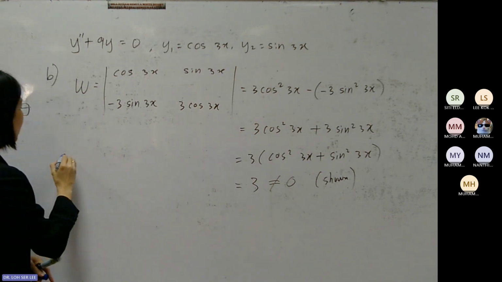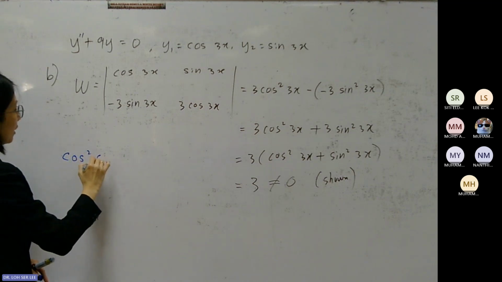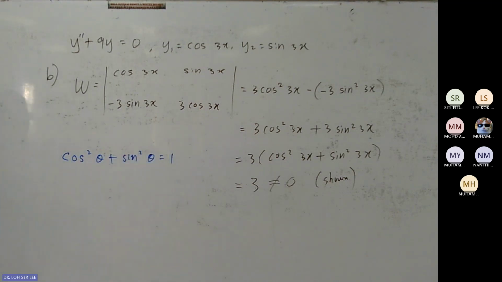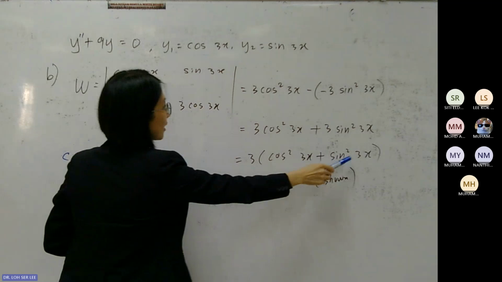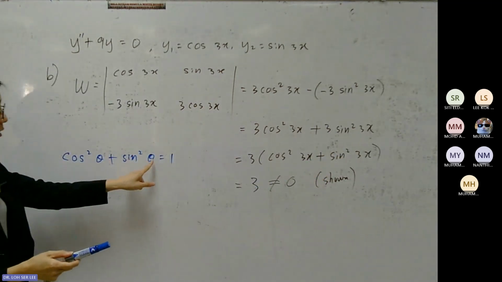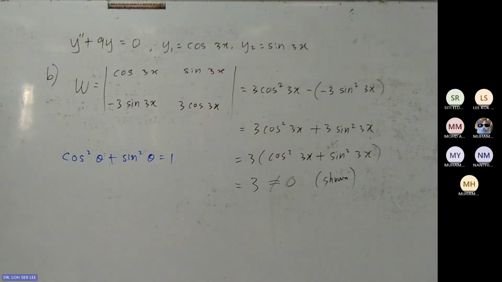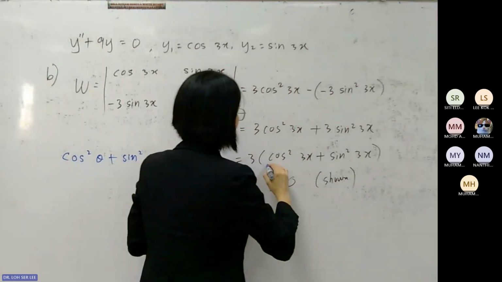There's an identity: cos square theta plus sine square theta equals to 1. This is the identity. Because here we have cos square and sine square with the same angle, right? These two are the same. That's why this equals to 1.